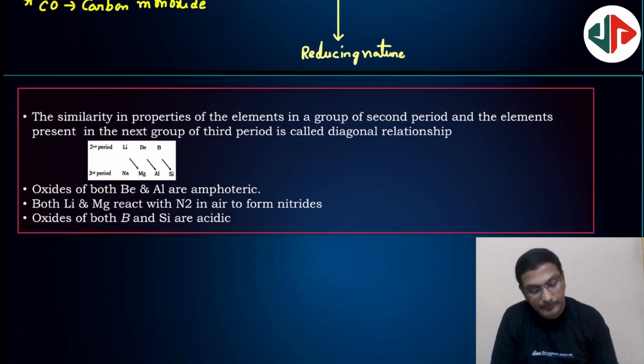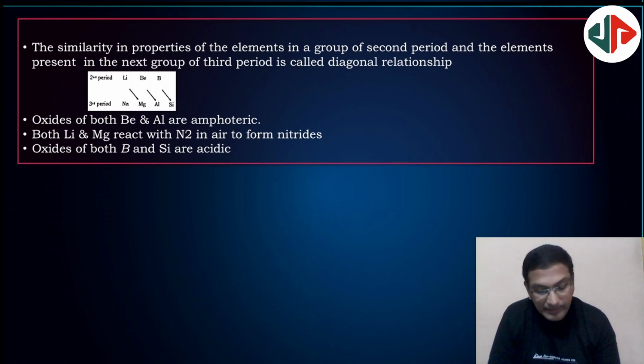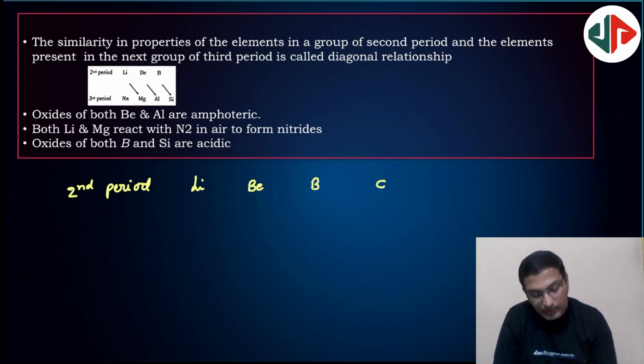Okay, next. Very important property. The similarity in properties of elements in a group of second period and the elements present in next group of third period is known as diagonal relationship. See here, I am writing second period, lithium, beryllium, boron, carbon.